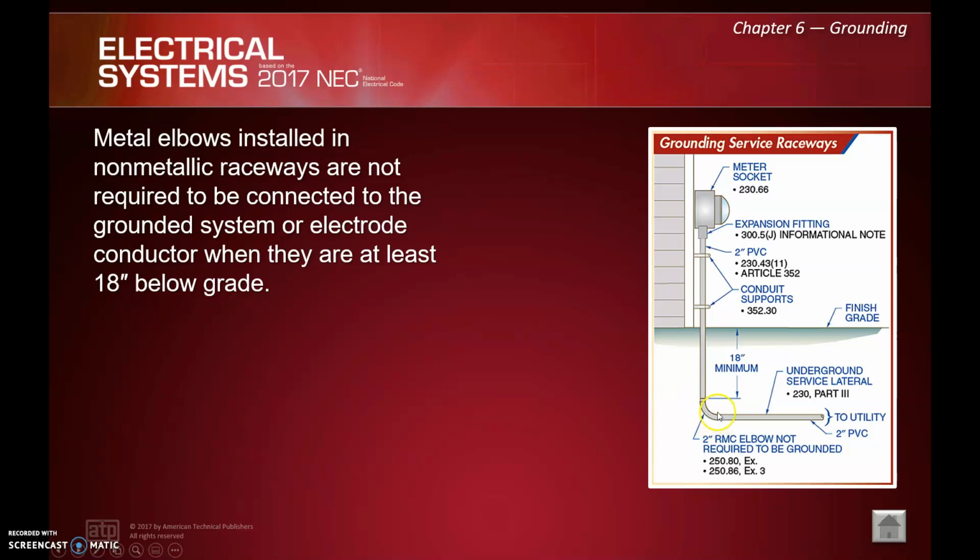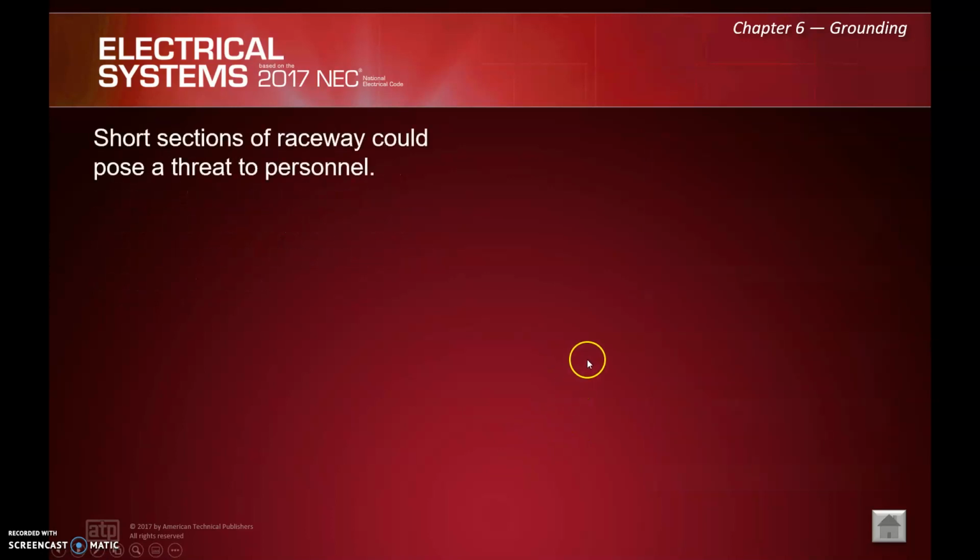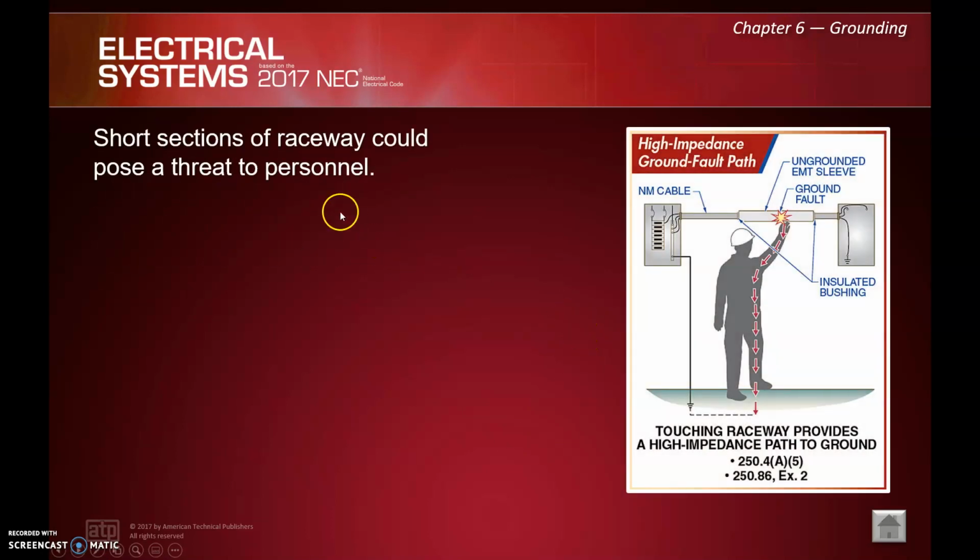If this were any less than 18 inches below grade, we would have to drop out of this cabinet with the ground, and they have certain connectors that we could use to bond this metal pipe that's isolated by this non-metallic pipe in order to connect it to our grounding system. But if we're 18 inches or lower, we don't have to worry about it.